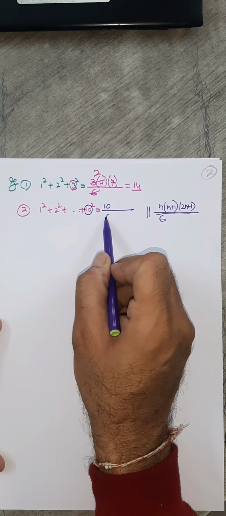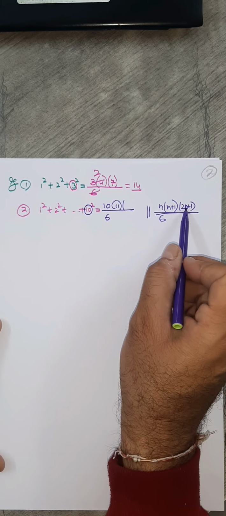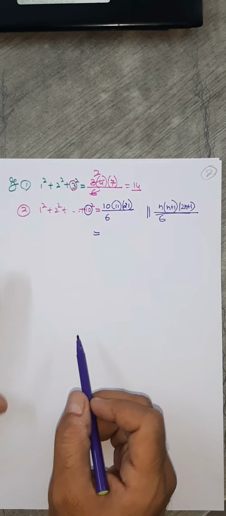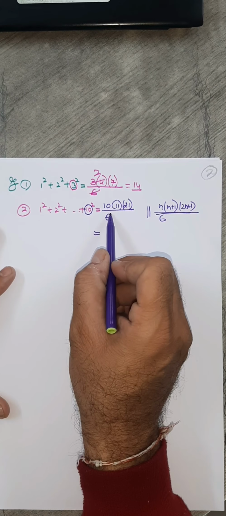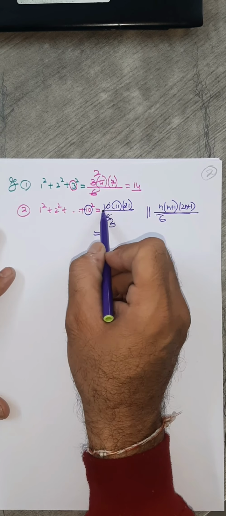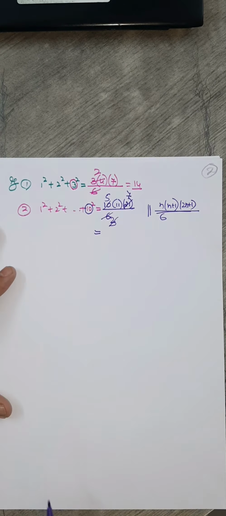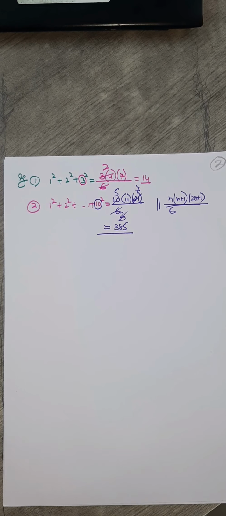So 10 by 6 into 10 plus 1, which is 11, into here you put 10. So 10 into 20 plus 1, so 21. Now the question is just simplification. So you have 2 here. Sorry, I'll write 3 here, I'll write 5, and this is 7. So what will we get here? 385. Okay, so that way you can get this.